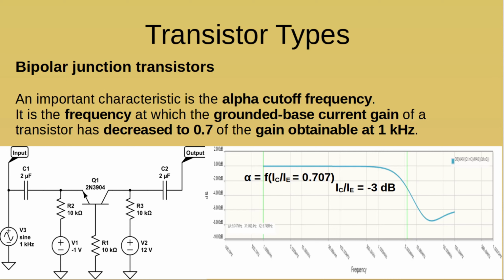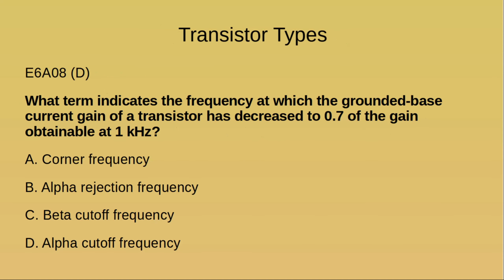That definition I could find, but nobody listed alpha cutoff, what they call it, for any of the transistor data sheets I looked at. So I wonder why they even put it in here. It must be important for some reason, because it is a question.